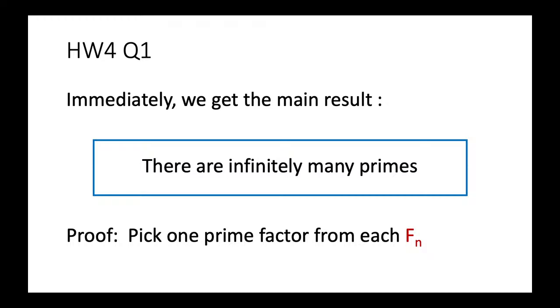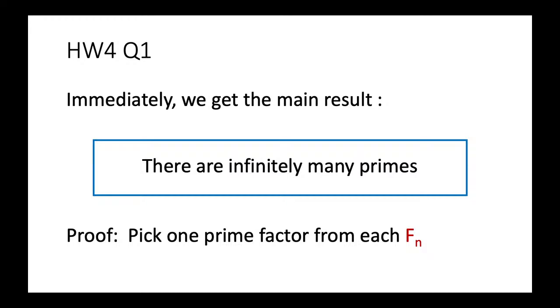So how can we show this? Because of the Fermat numbers, there are infinitely many of them, right? We plug in a new n, there will be a new Fermat number. And what we know is, if I pick one prime factor from each of these Fermat numbers, then these prime factors are all going to be different, because any two Fermat numbers don't have shared common factors.